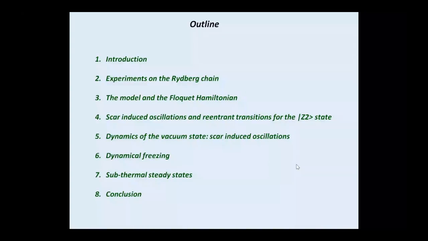Then I'm going to talk about a model, drive the model, talk about a Floquet Hamiltonian corresponding to that model, and study the effect of scars in the Floquet physics of this model. These things will become clear as I go on, and there will be a series of unusual phenomena that I'm going to chart out, which happen when you periodically drive this kind of model, and that's the main point of the talk.